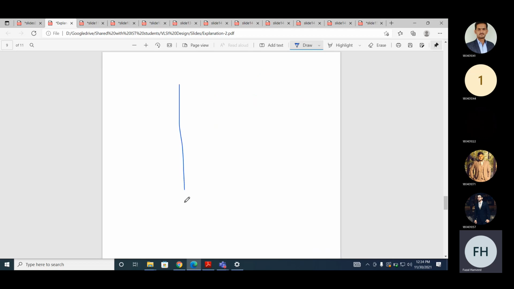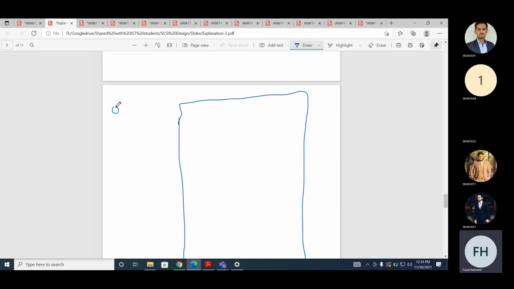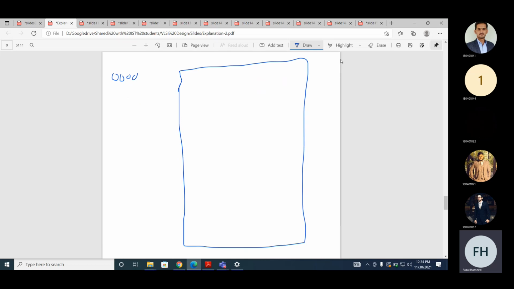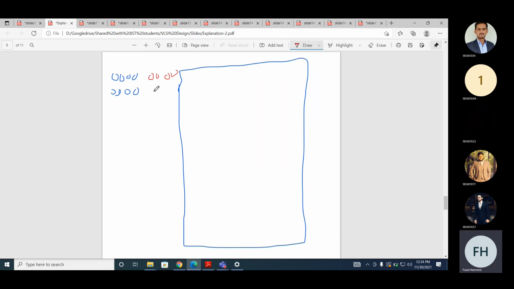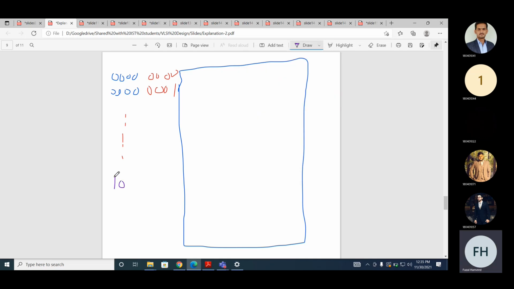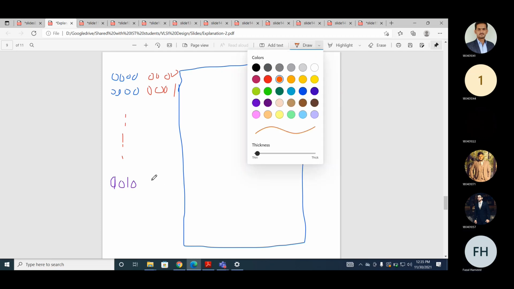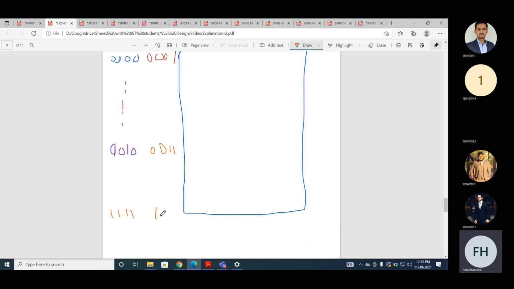Now, how can we store these values? So now we have an EAB, and let's assume the input is 0, 0, 0, 0 and 0, 0, 0, 0, then 0, 0, 0, 0 and 0, 0, 0, 1, then 0, 0, 1, 0 and 0, 0, 1, 1, and finally 1, 1, 1, 1 and 1, 1, 1, 1.